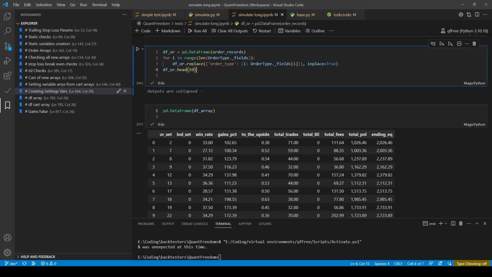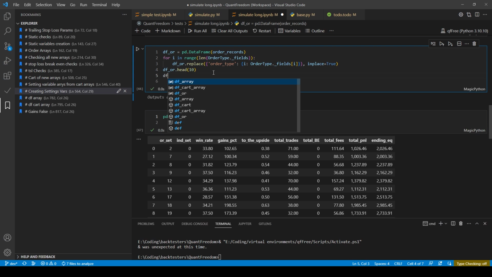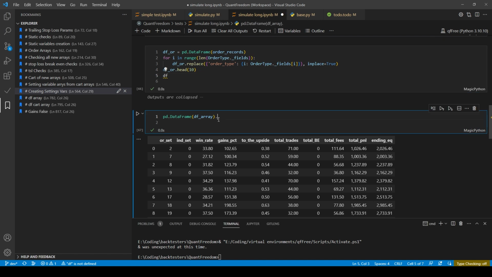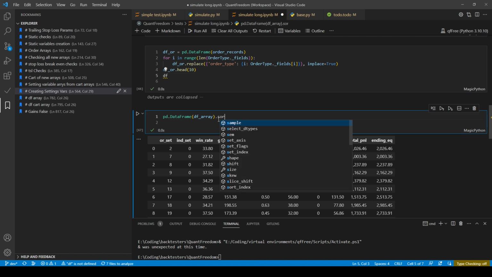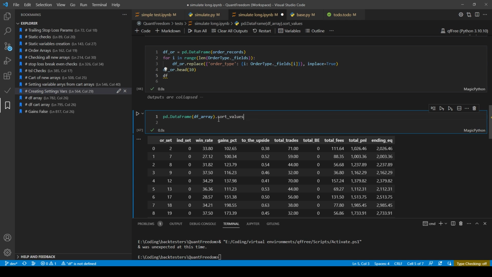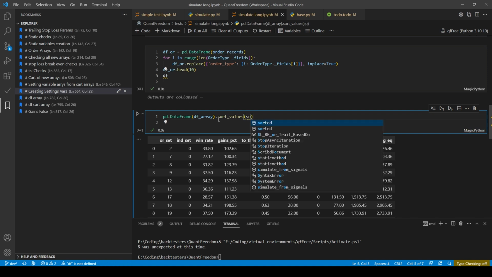How do you sort? Order. Sort. Values. Column. By. You sorted.